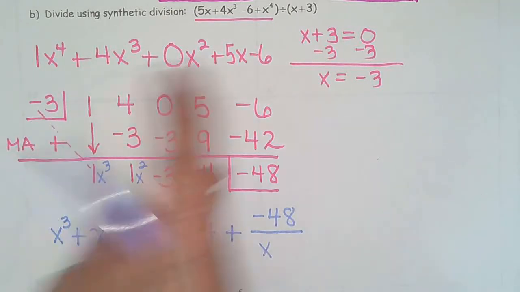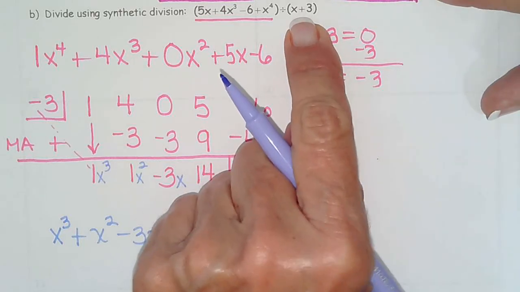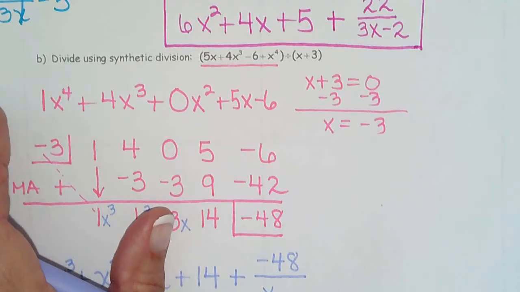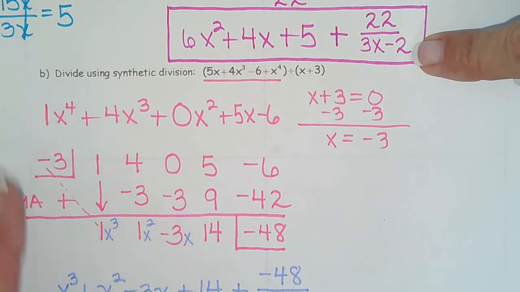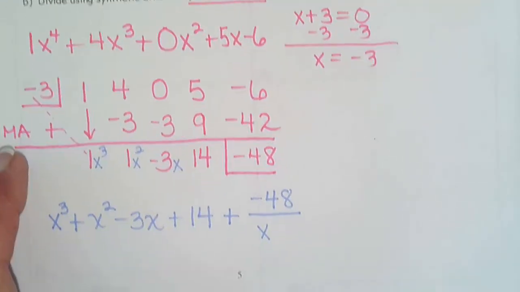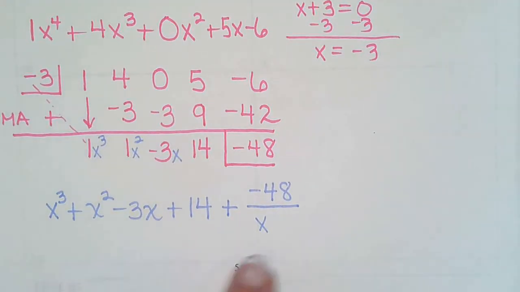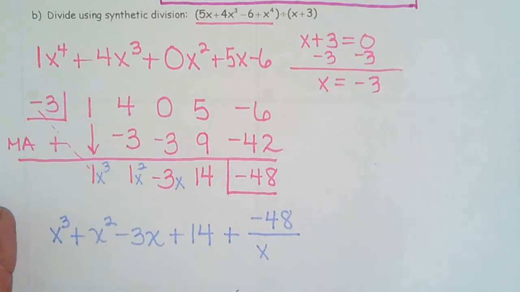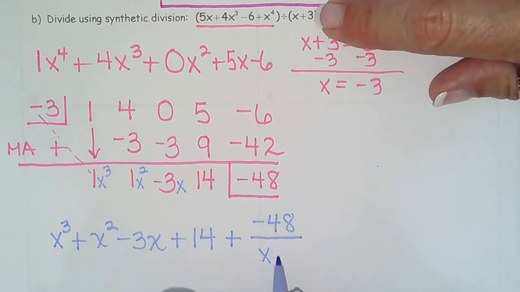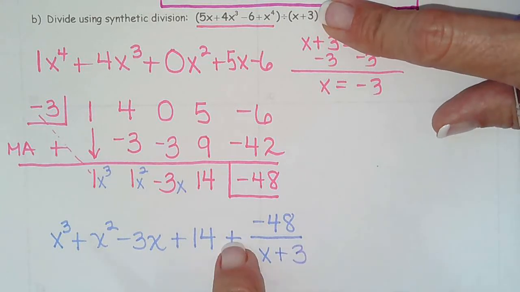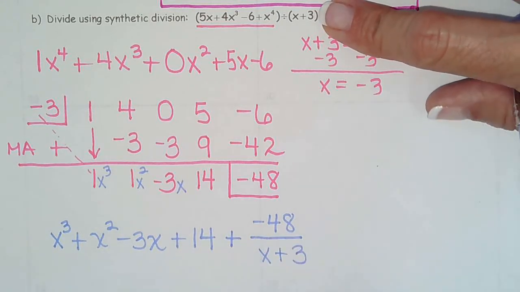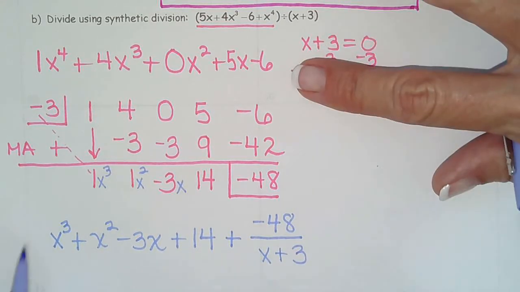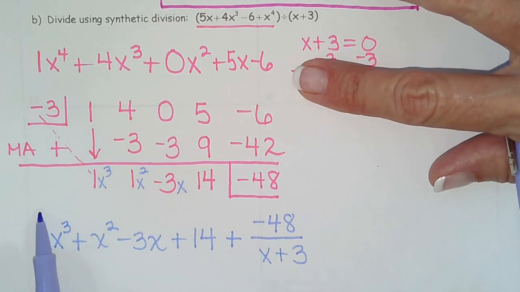So don't write negative 3. You have to write it so it looks like this form up here, just like the divisor. So we just use the coefficients to work it, but we need everything for the answer. So the divisor, whoops, got it out of the picture, is x plus 3. And you could also have minus and then the 48 positive there, so they're both correct.